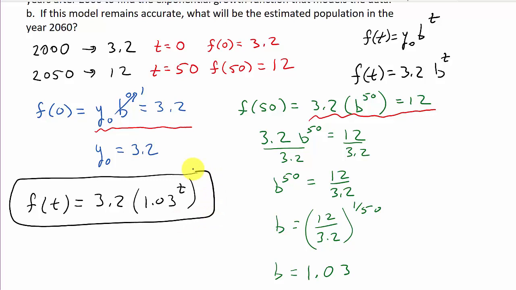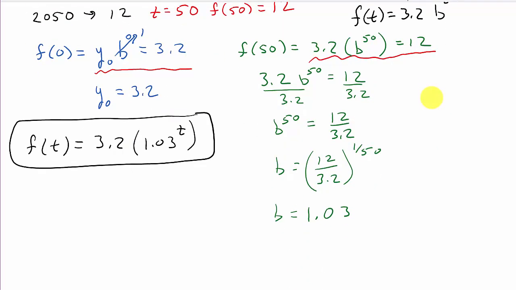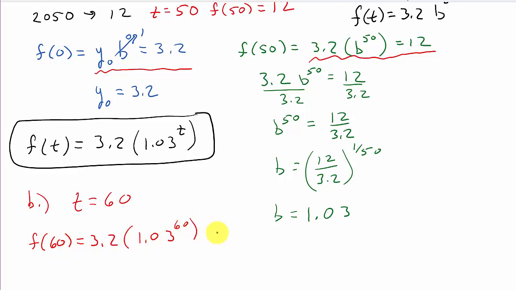Then they ask, if this model remains accurate, what will be the estimated population in the year 2060? Remember, the year 2000 was t equals 0, so 2060 is 60 years later. So for part B, t would be 60. I'll just evaluate this function at 60. f of 60 is equal to 3.2 times 1.03 raised to the 60th.